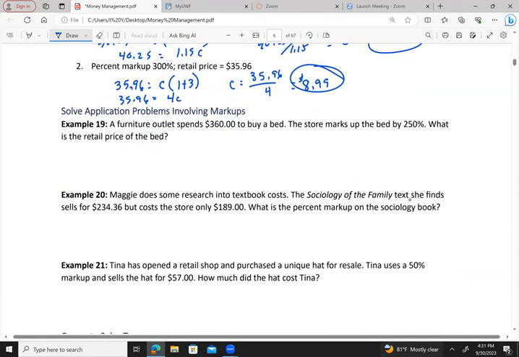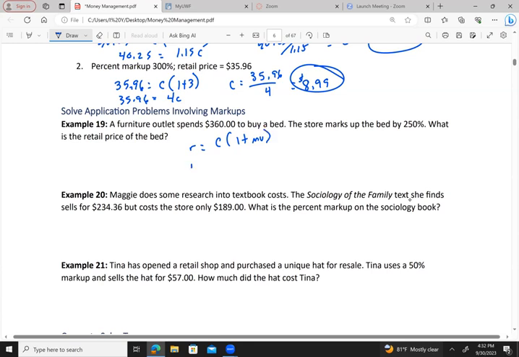Okay, so let's look at application problems of this. A furniture outlet spends $360 to buy a bed. The store marks up the bed by 250%. What is the retail price of the bed? Well, the retail price is the cost times 1 plus the markup.